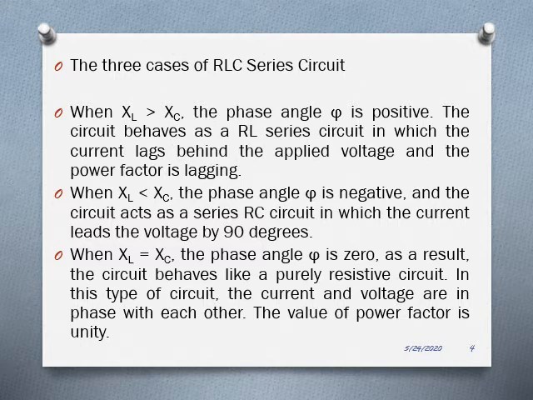Net reactance meaning either XL minus XC or XC minus XL. If both of them are same, then the net reactance will be 0. Therefore, the circuit will be behaving like a pure resistive circuit. The resistive circuit meaning the voltage and current will be in phase. So, the power factor will be unity.